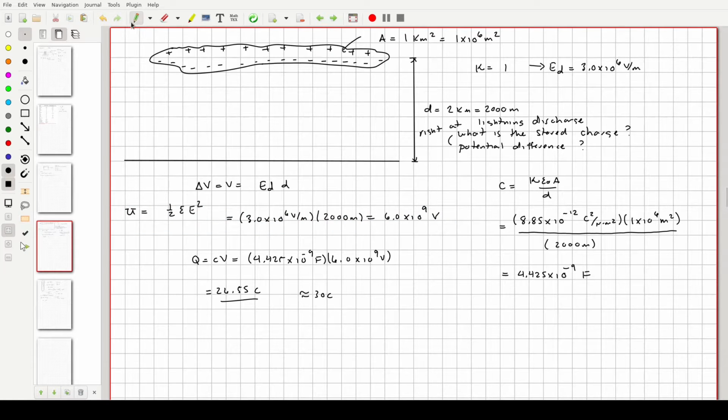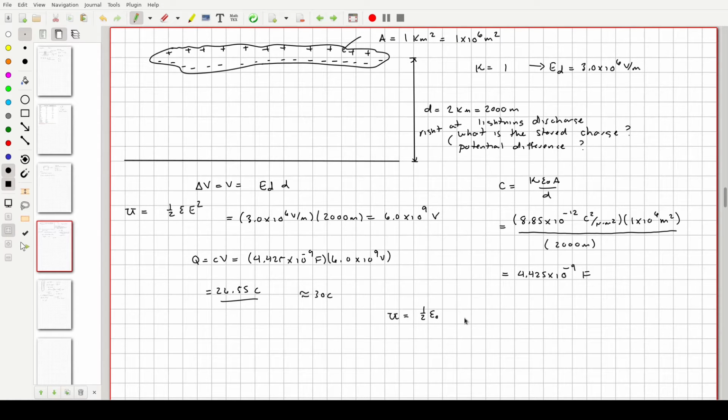Now I'd like to ask the following question. How much energy is stored in the region that sits between the cloud and the ground? Now, the energy density is 1/2 epsilon times E squared. This is more or less just a vacuum.